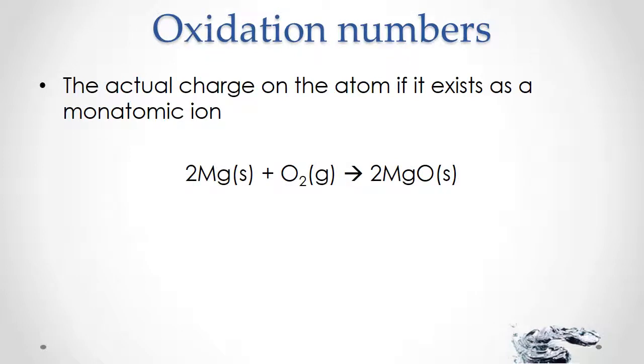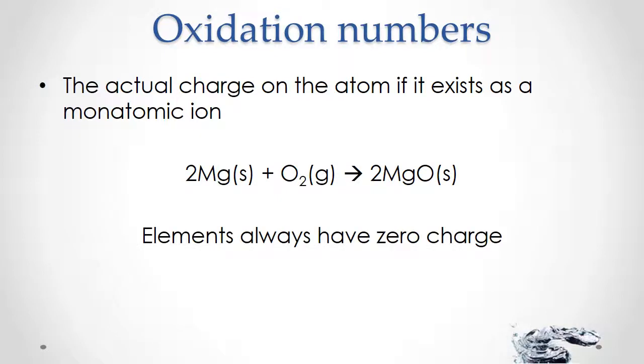Typically, we refer to the oxidation state as the oxidation number, which is going to be the actual charge on the atom if it exists as a monatomic ion. Let's take this example of magnesium reacting with oxygen to form magnesium oxide. The first rule is that all elements are always going to have a 0 charge.